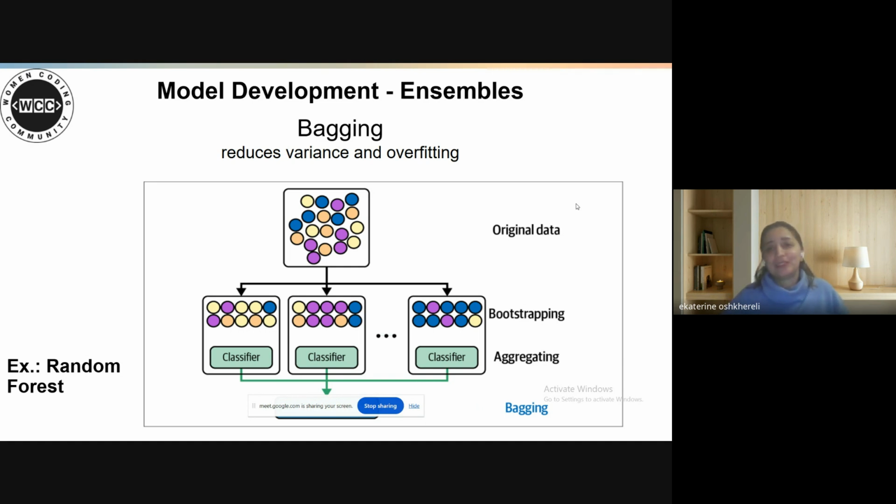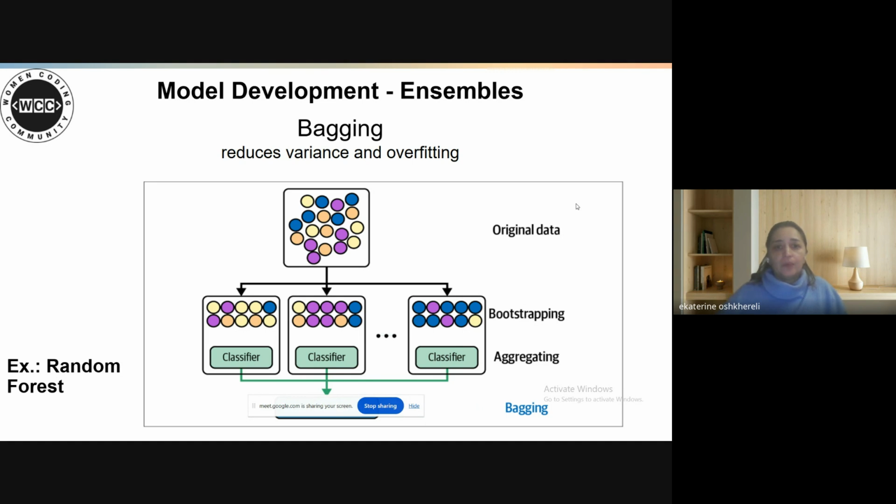Ensemble methods are useful not just for improving performance, but also when we work with imbalanced data sets, which are quite common in real life.